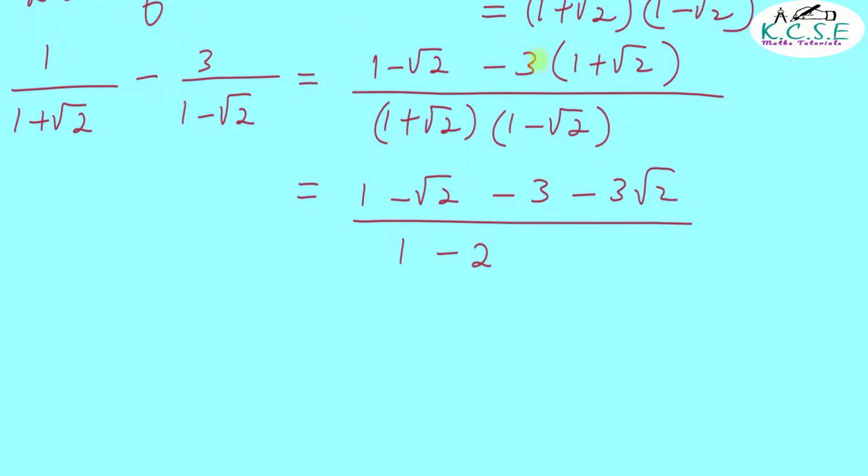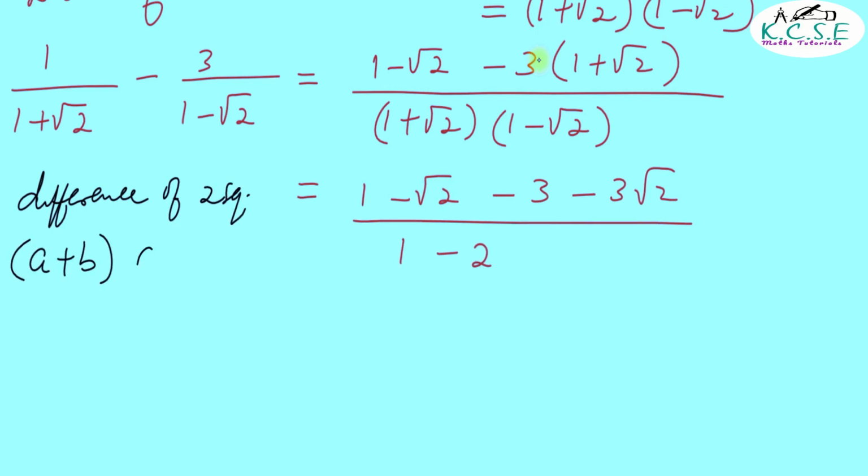Just to remind ourselves, on the difference of 2 squares, if we have a plus b multiplied by a minus b, when you expand these, you get a squared minus b squared.